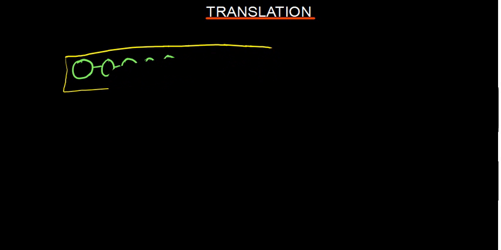This process that we are explaining now is what we call post-translational modification. Just as we have post-transcription modification, even here we also have what is known as post-translational modification.